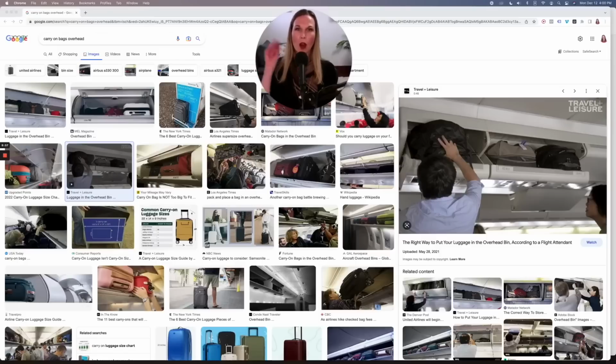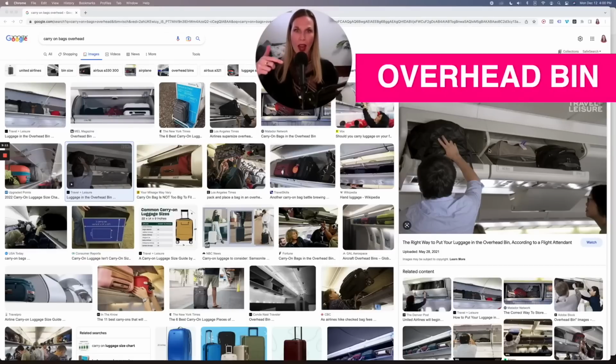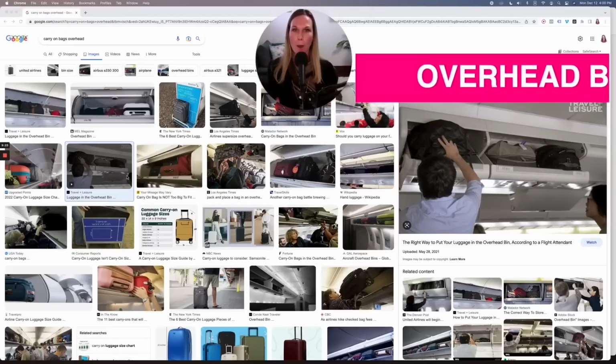So here on Google Images, you can see the carry-on bags. Now, this right here that this man is opening, this is called the overhead bin. And your bag must fit in the overhead bin or go under your seat in order for it to be a carry-on bag.